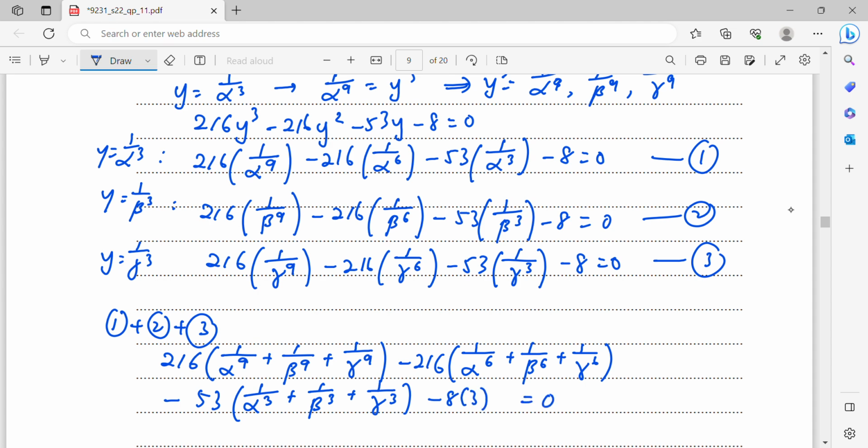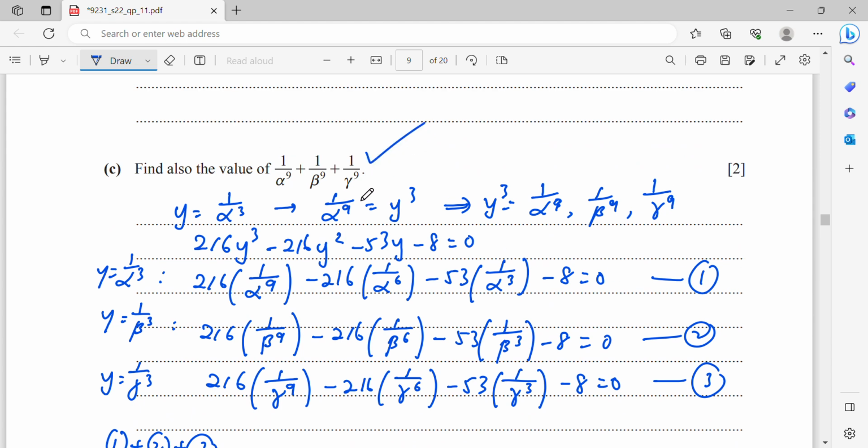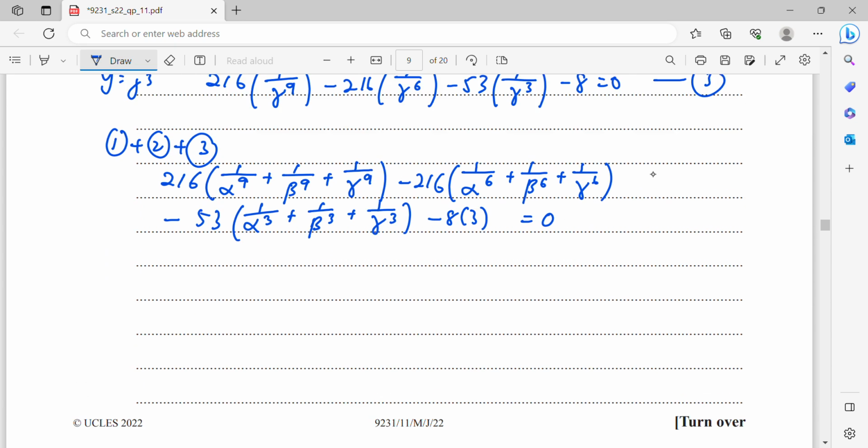Since we need to get 1 over alpha degree 9 plus 1 over beta degree 9 plus 1 over gamma degree 9, I will keep the first term on one side.